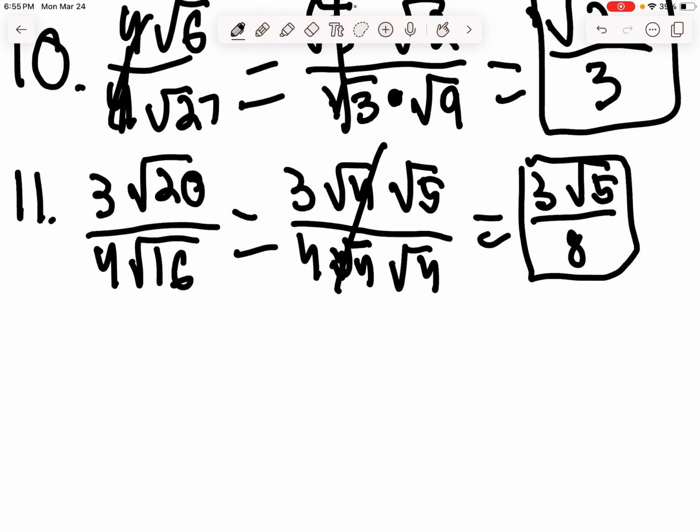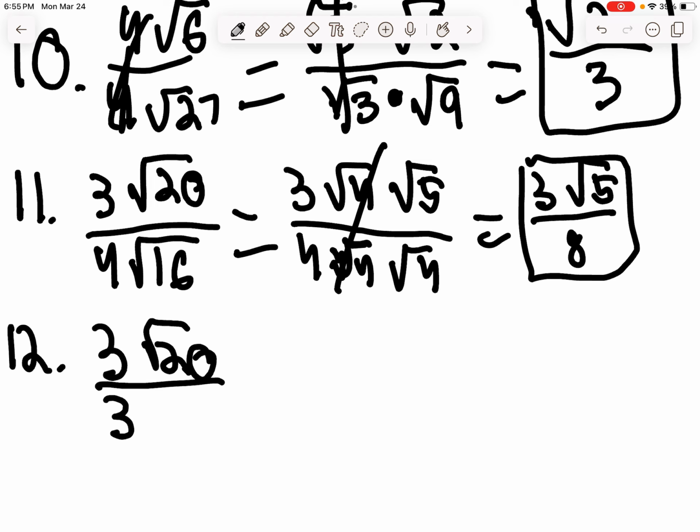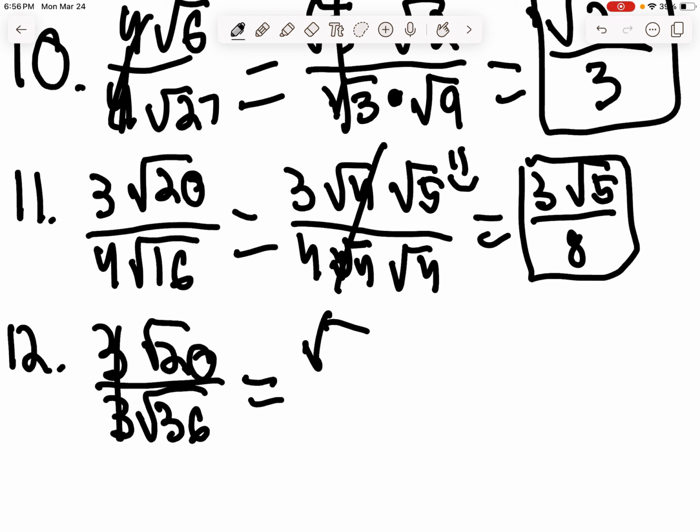12. 3 times the square root of 20 again. This time, it's over 3 times the square root of 36. These 3's cancel out. And if you would like, instead of writing it as the square root of 4 times the square root of 5 as we did over here, we can rewrite it as just 2 times the square root of 5, because that's what the square root of 4 is equal to.